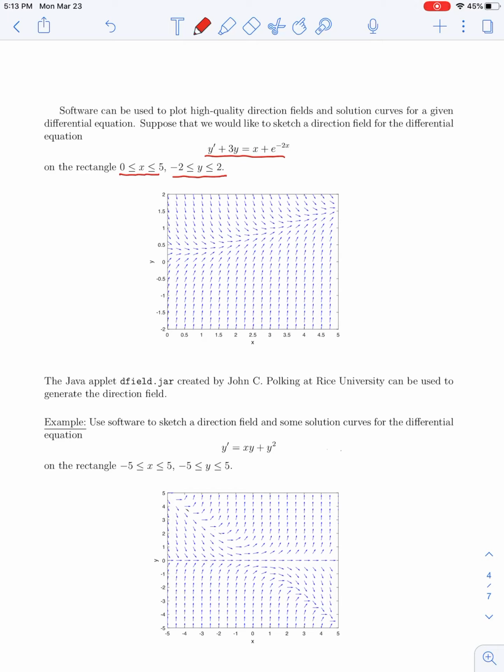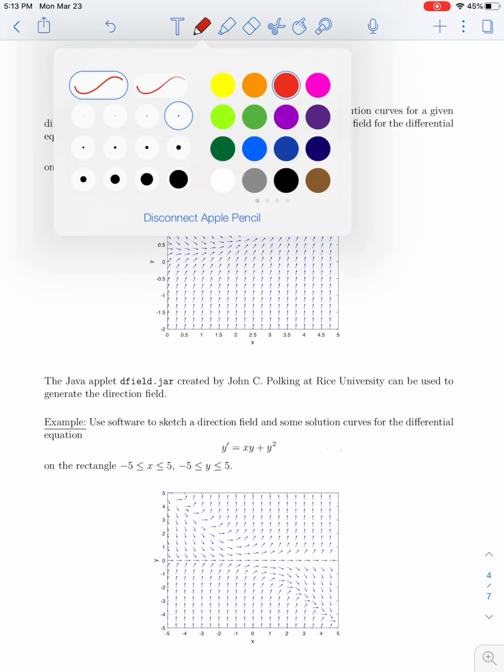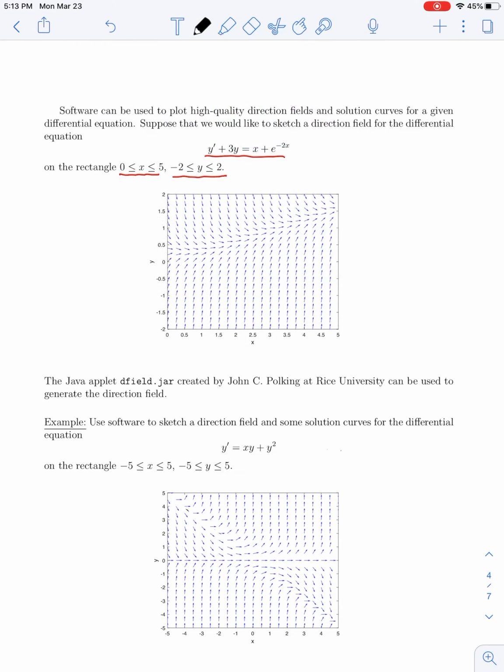So we could think about choosing several different points, x, y, in the plane, and plugging them into our expression for y prime. Now, if we solve this equation for y prime, we would have to subtract 3y from both sides, so we would have x plus e to the negative 2x minus 3y.